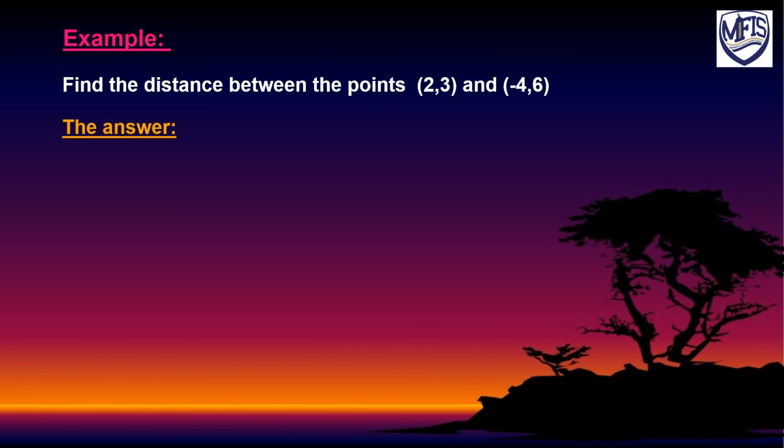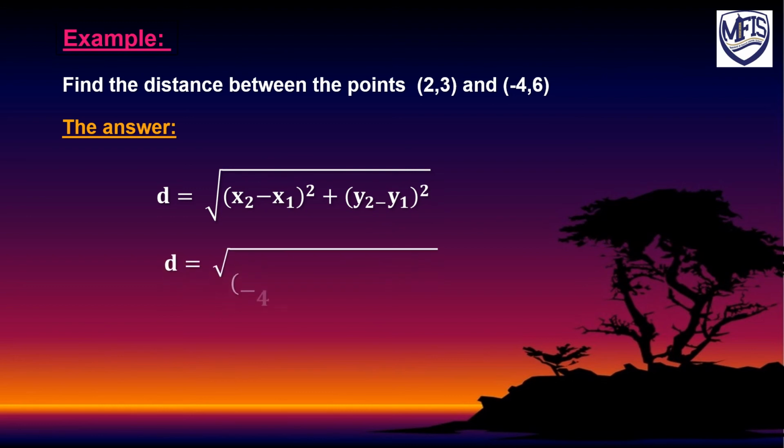Now I can use the rule. Firstly, write the rule. Then, by substitution method, D equals square root of negative 4 minus 2 squared plus 6 minus 3 squared equals square root of 45.